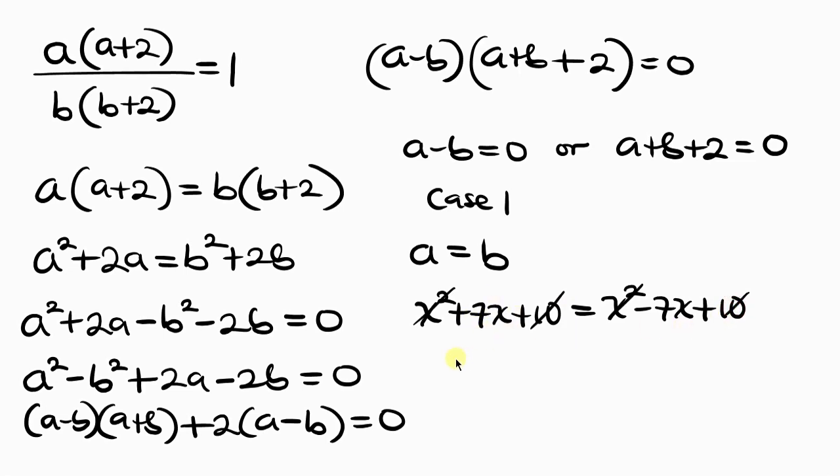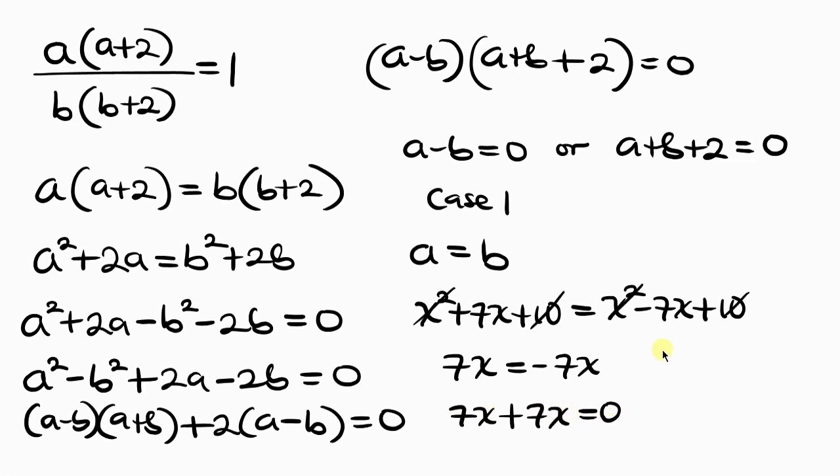So that I have 7x here to be equal to negative 7x here. Now let's move negative 7x to the left hand side so that we have 7x. As negative 7x crosses to the left, it becomes plus 7x. And this is equal to 0.